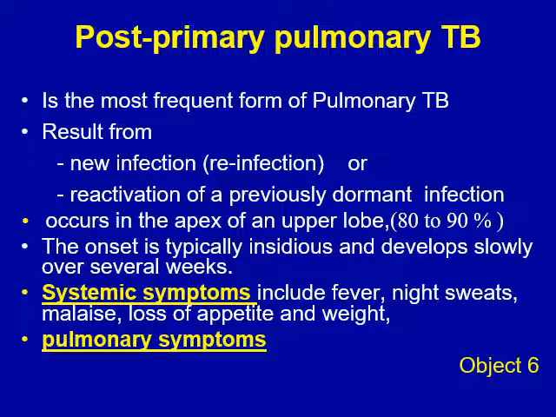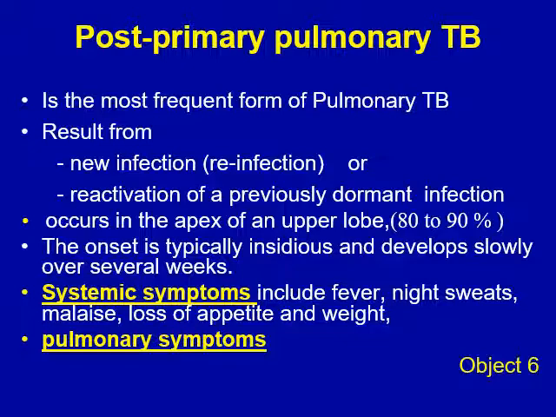Post-primary TB results either from a new infection or reinfection, or reactivation of a previously dormant infection. The patient is either newly infected and develops post-primary TB, or has a dormant or late infection and reactivation of this TB, due to many conditions, results in post-primary TB.